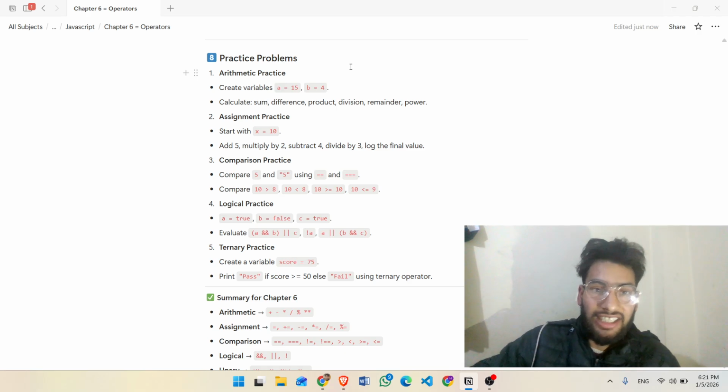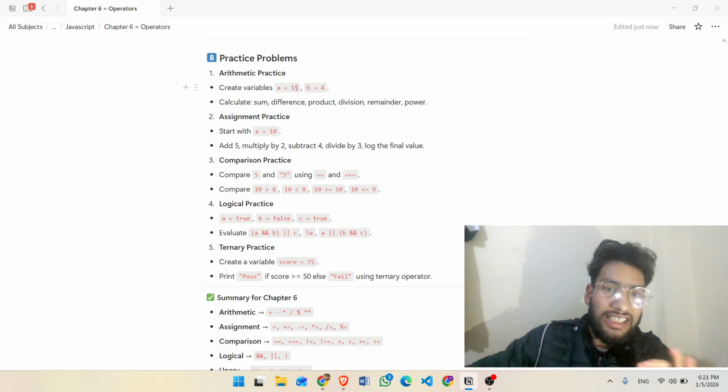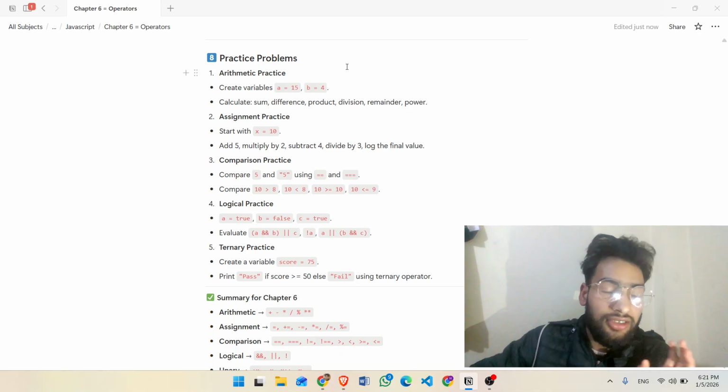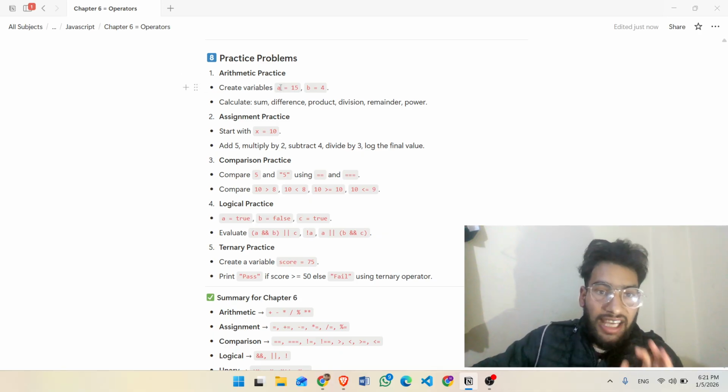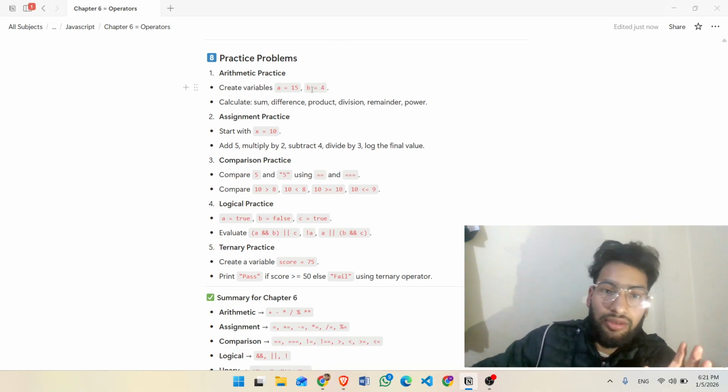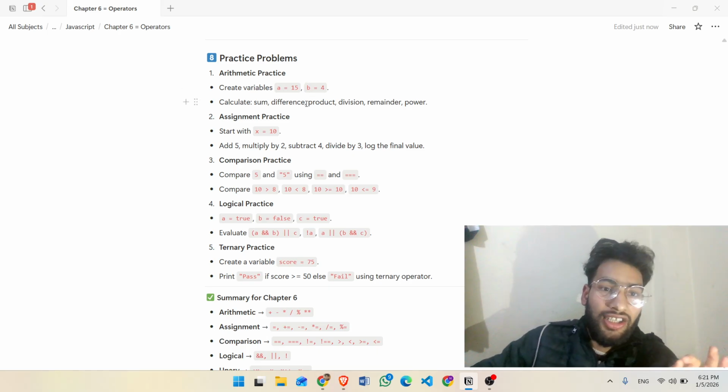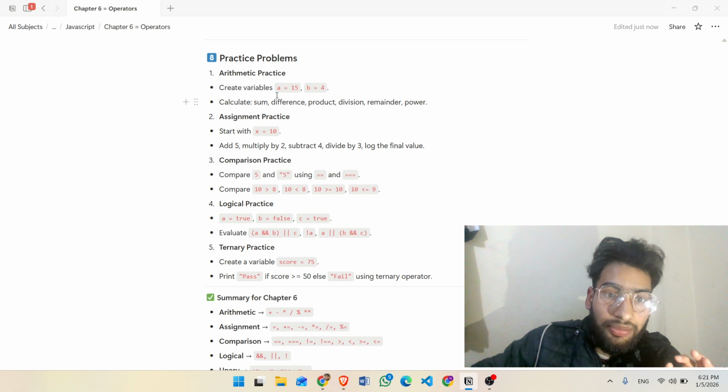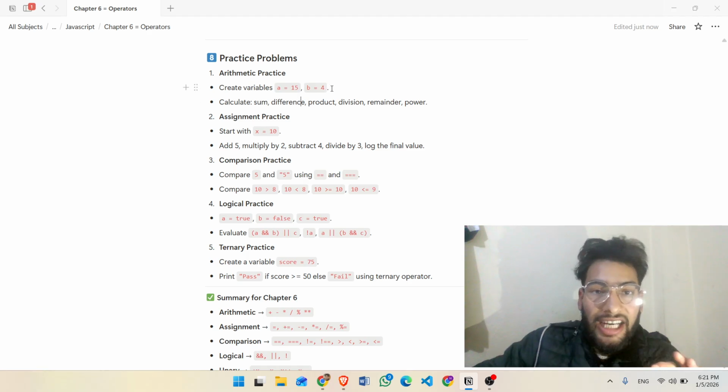Create variable a equal to 15 and b equal to 4. Here you need to create variable a and assign value 15, create variable b and assign value 4, and sum a plus b. Then subtract, 15 minus 4, and find the product, division, remainder and power.